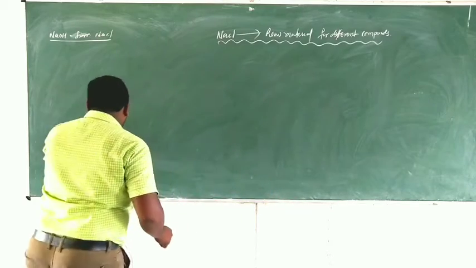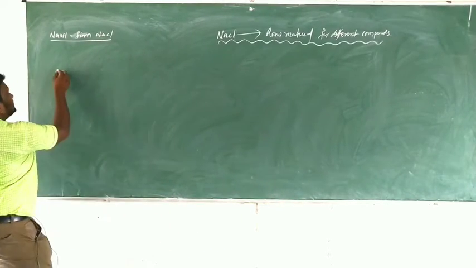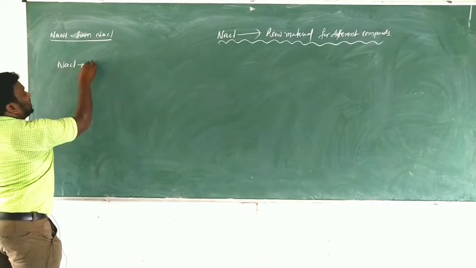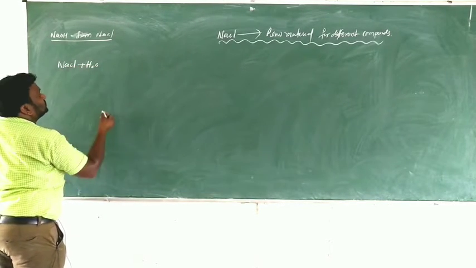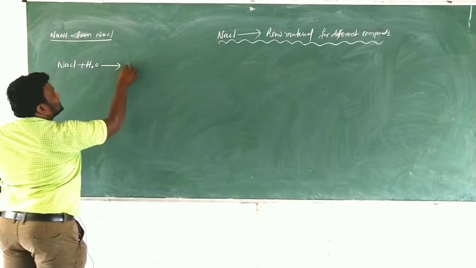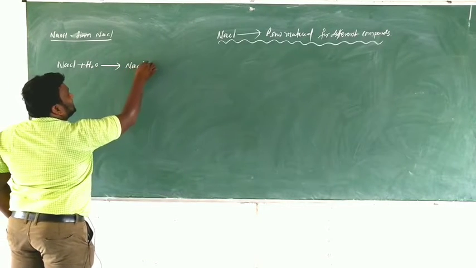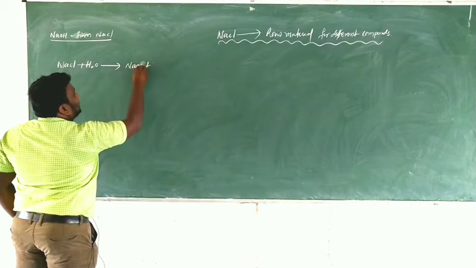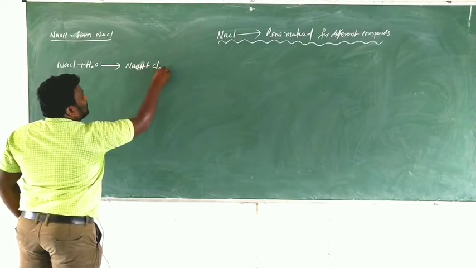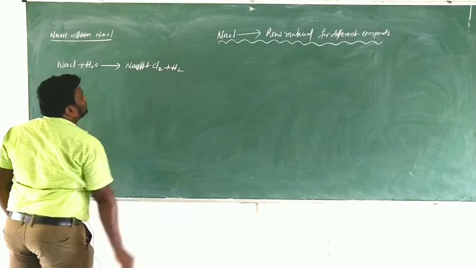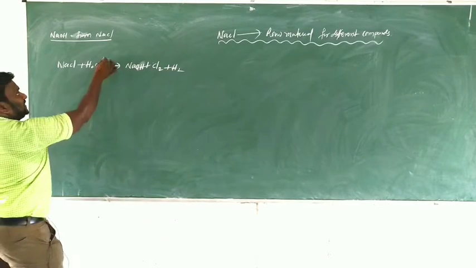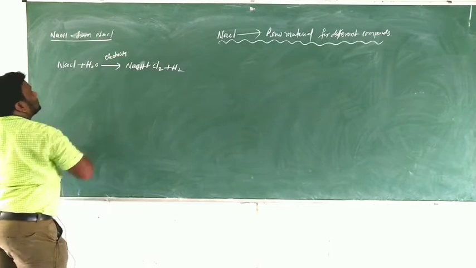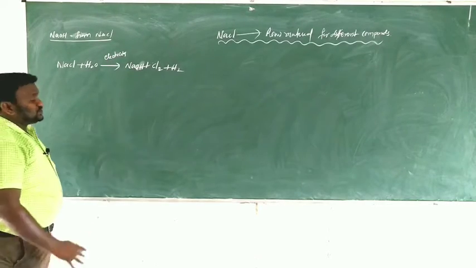There is one equation here: NaCl plus H2O gives NaOH plus Cl2 plus H2. This is done by using electricity, that is, electrolysis.